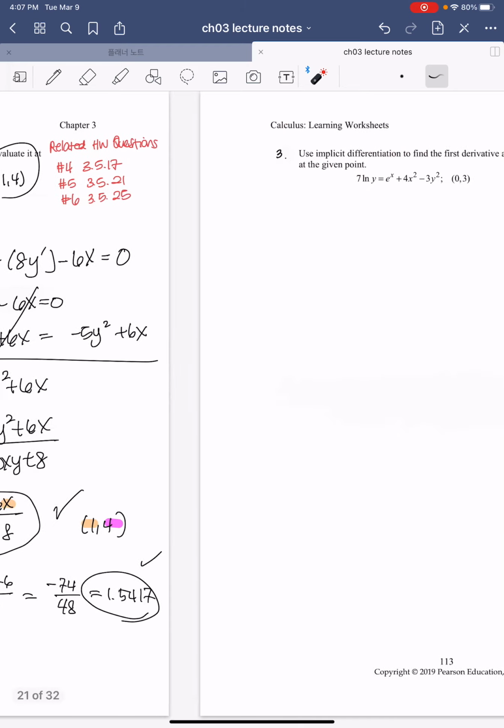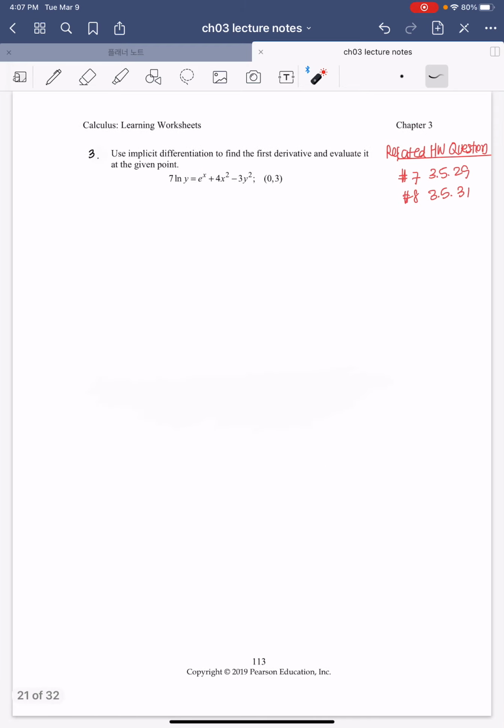Okay. So let's take a look at another function. Now this one has a natural log and an exponential function, but you do exactly the same thing. I'm going to take the derivative of the whole equation. Wherever you see a y term, we are going to notate y prime.